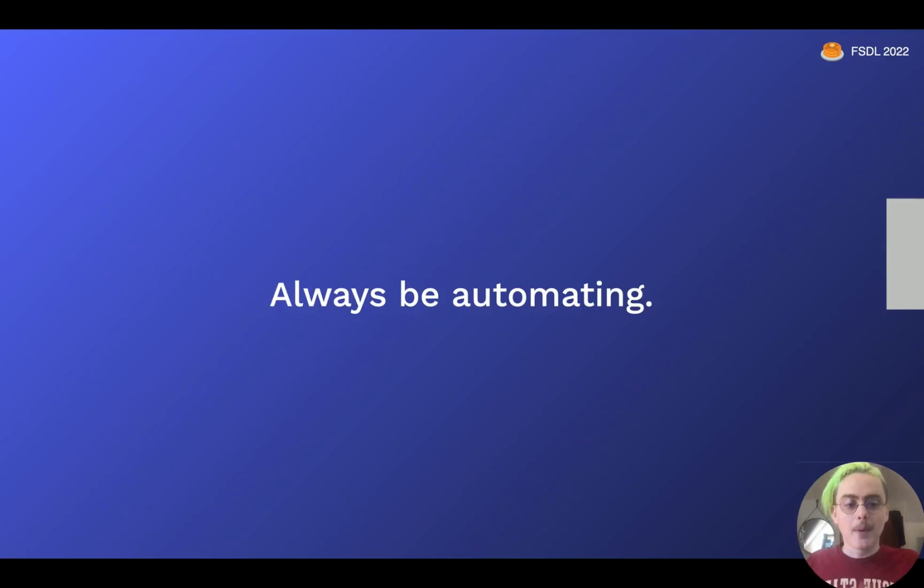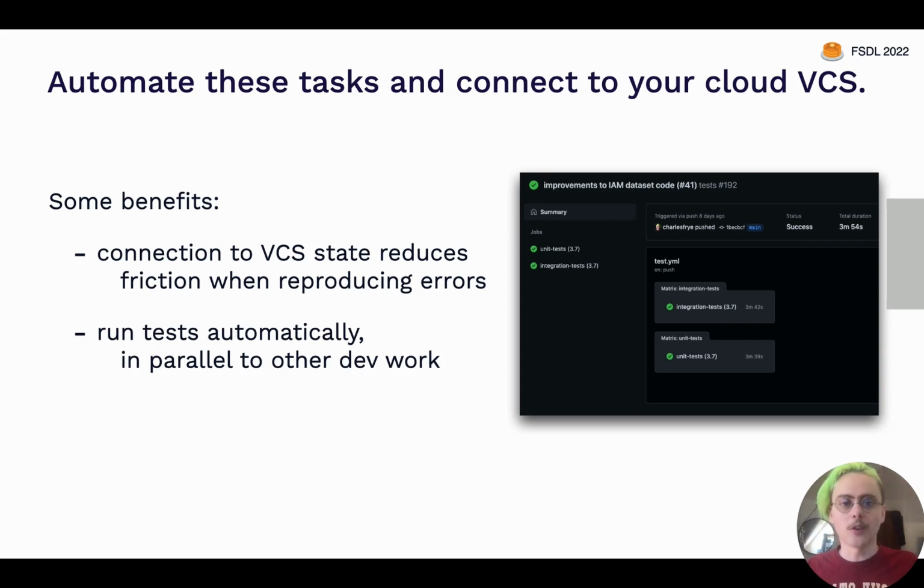And in order to make best use of these testing and linting practices, you're going to want to embrace automation as much as possible in your development workflows. For the things we talked about already with testing and linting, you're going to want to automate these and connect them to your cloud version control system and run these tasks in the cloud or otherwise outside of development environments.